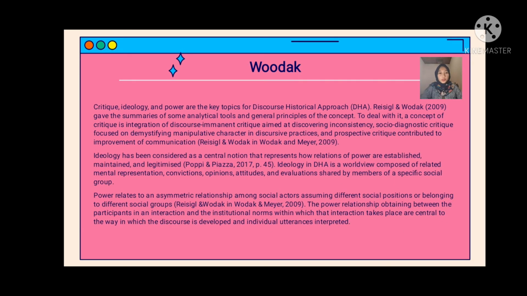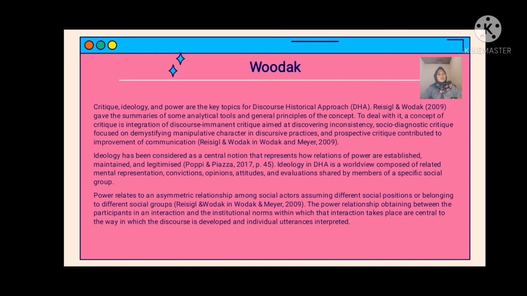Alright, next we will discuss the WODAK framework. So here, actually I don't really understand how to analyze with the WODAK framework, so I just want to show you the theory of the framework itself, because I'm afraid there will be misunderstanding or misperception if I give an example of analysis which I don't really master.